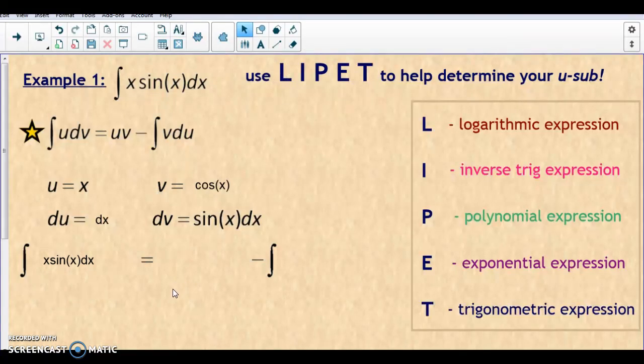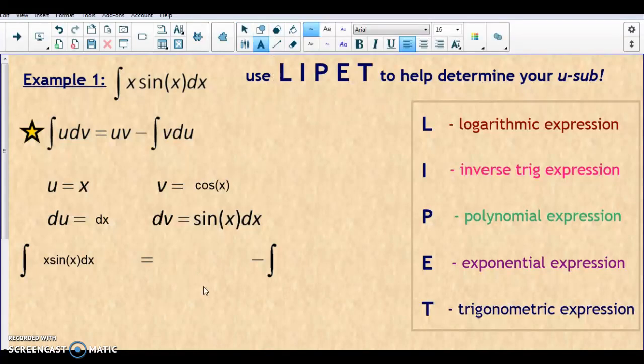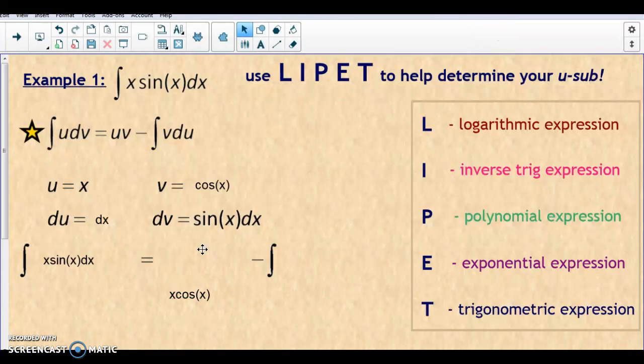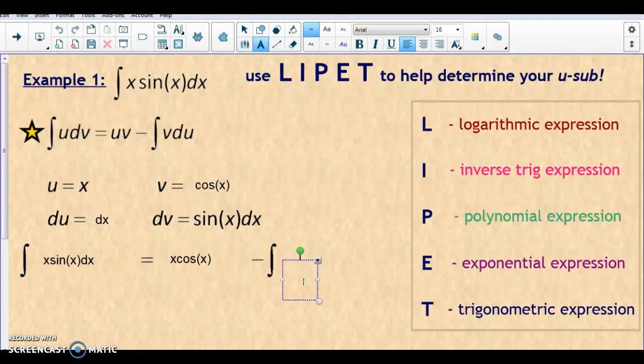So right out here is x cosine of x minus the integral of v du. So v is cosine and du is just dx. So this integral over here is just cosine of x dx.